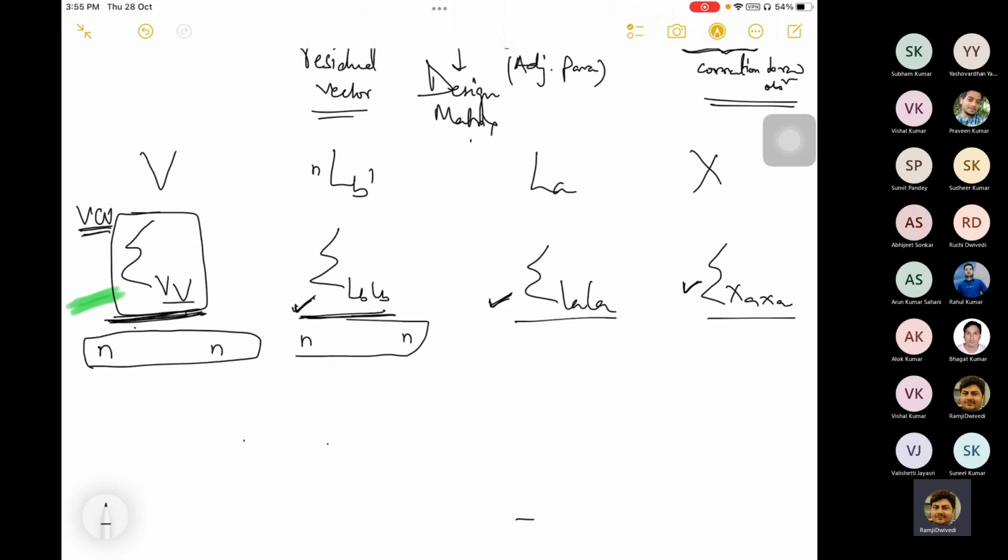That's why its size is n cross n. Similarly, the vector size of LA is n cross 1. So the size of this would also be n cross n.